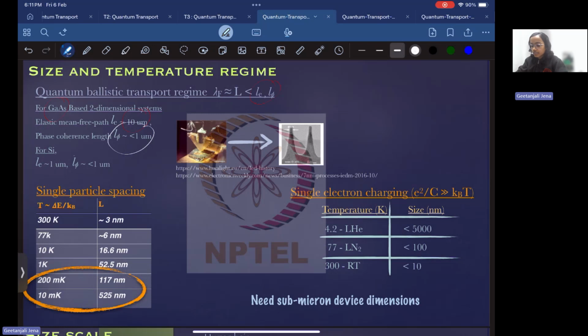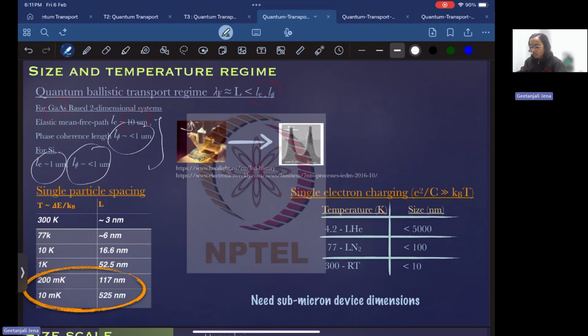Similarly, for silicon, the elastic mean free path is 1 micrometer, but the phase coherence length is less than 1 micrometer. So to see quantum ballistic transport, we need devices smaller than this dimension, on the order of a micrometer. To see quantum transport phenomena, we need devices on the order of some microns.